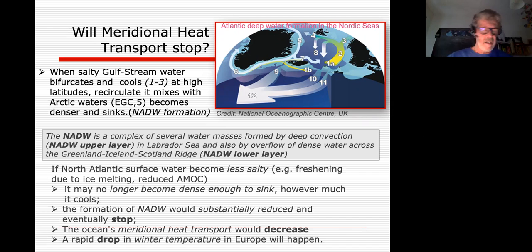A more realistic one suggests that there will be a decrease, and potentially even now what is happening is that the reduction of the heat transport in the northern part of the Atlantic is already in place, but this signal is somehow smeared out by the fact that you have global heating.